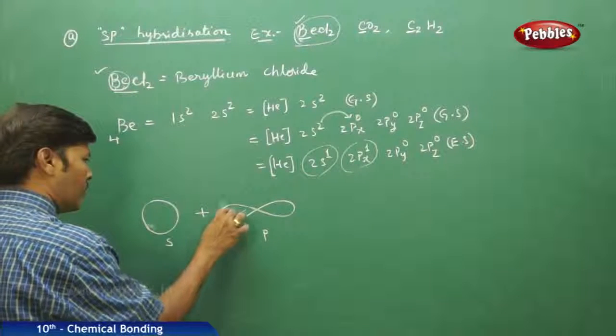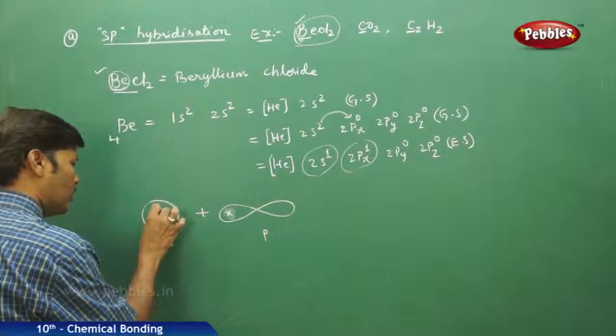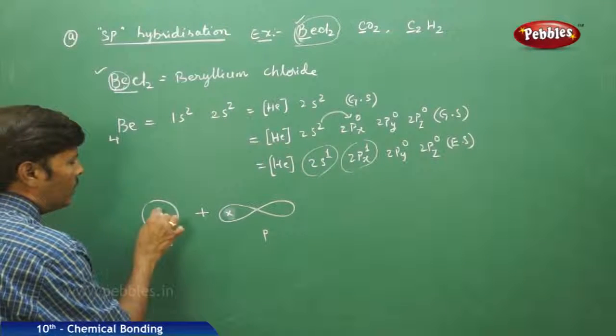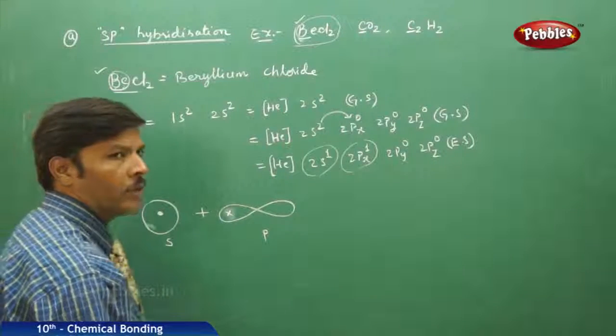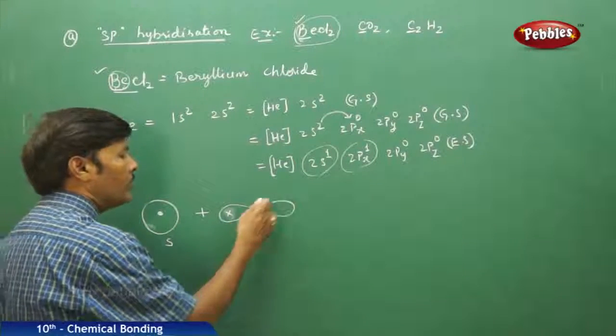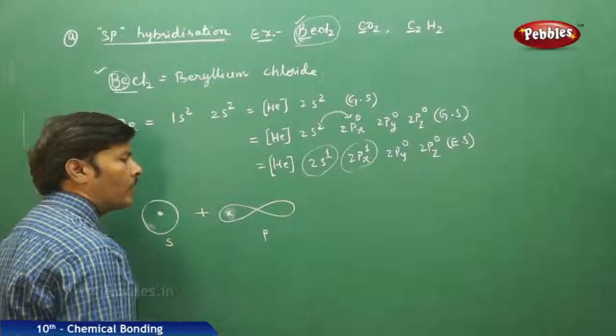I'll take one cross and one dot. This dot represents the electron present in the s atomic orbital, which is spherical in shape, and the p atomic orbital, which is dumbbell, again has one unpaired electron.